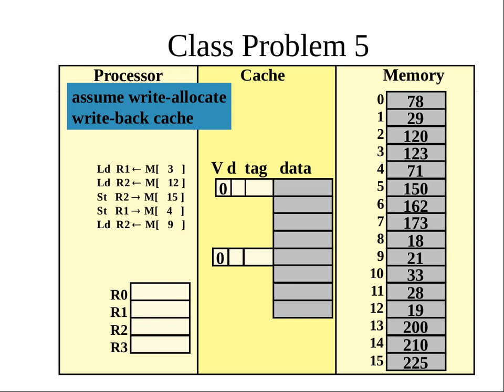Tag is 1 0, and then 18, 21, 33, 28. Memory address 9 is going to go to register 2. So 21. That's it, right? Yep. Cool.